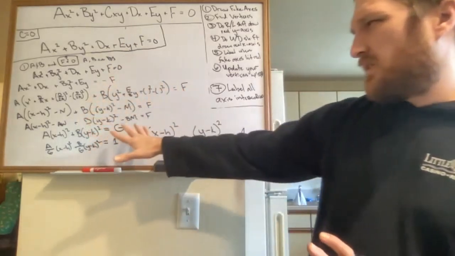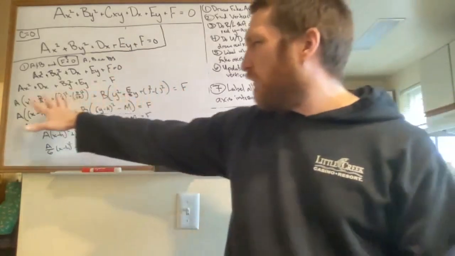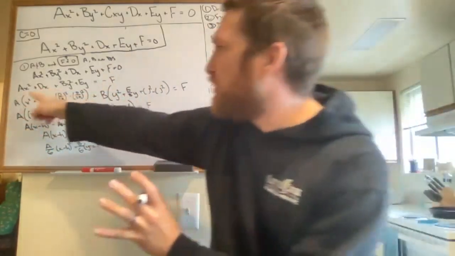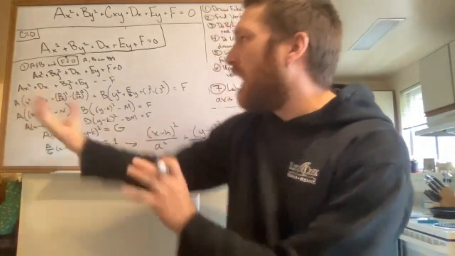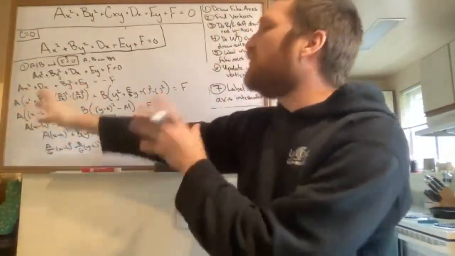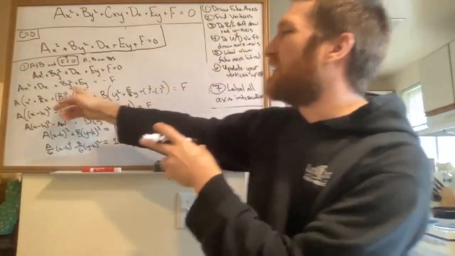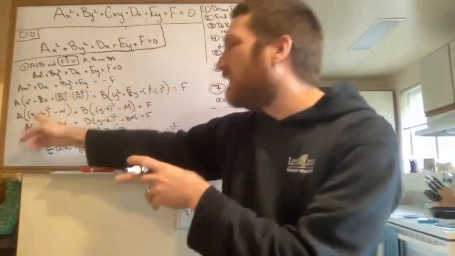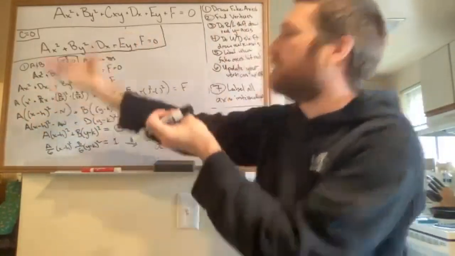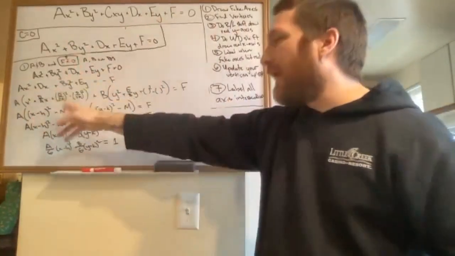Like this, does this look like, you could imagine if this were a 2 and that were a 4, I would have pulled the 2 out and I'd have 4 over 2, and you know how to complete a square. And so that's basically all I'm showing right here. You'd have some numbers that would pop out. You'd end up with plus something squared minus something squared, blah, blah, blah.